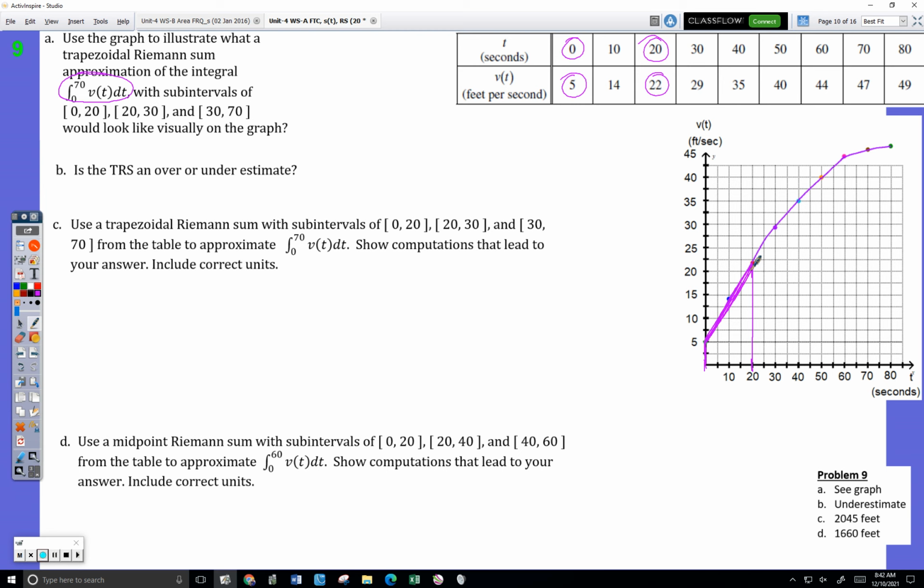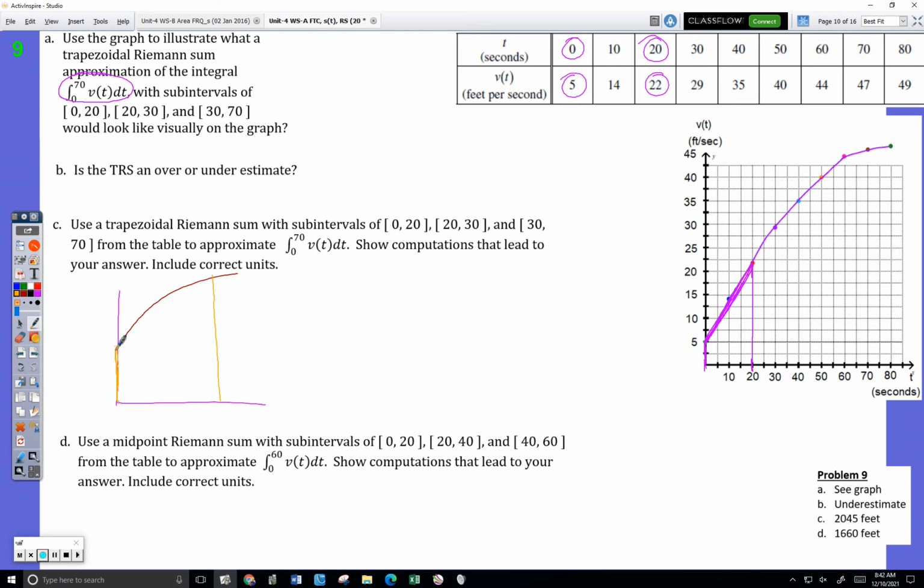It's hard to see on that picture, so I'm going to draw a more exaggerated picture. If the function I am integrating is concave down, and I create a trapezoid, don't say it out loud, just raise your hand, please, everyone.